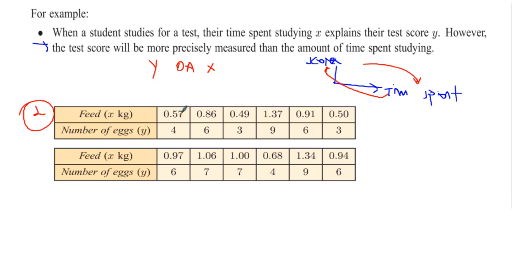They have data on how many kg they were fed and how many eggs they laid. The number of eggs would be more accurate and precise, because it gives an exact number. It would be more precise to take the number of eggs as the explanatory variable rather than the amount of food we give them.